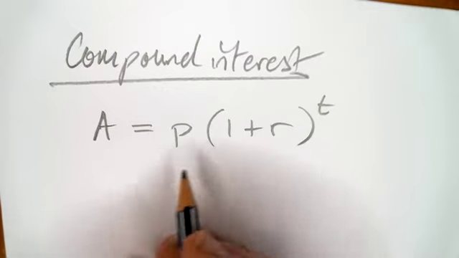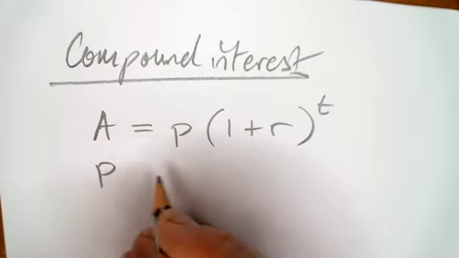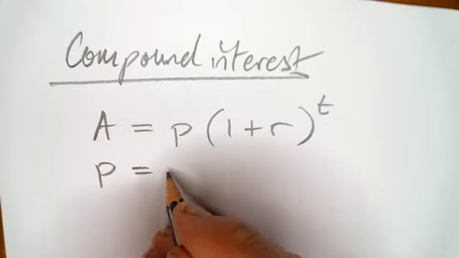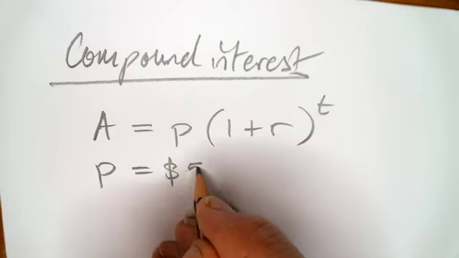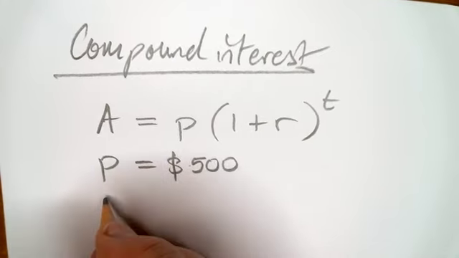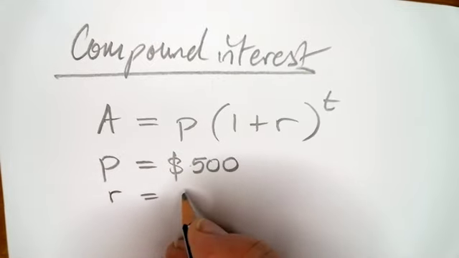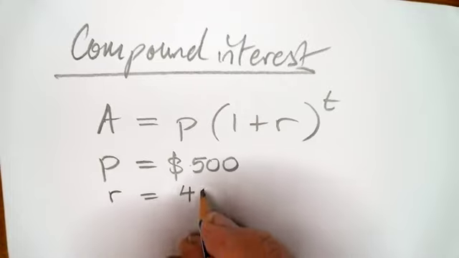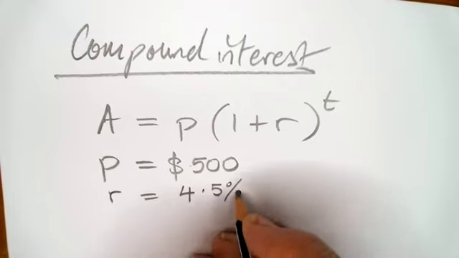So let's imagine we've got a principal, in other words, you're investing, let's say $500. And we're investing $500 at an interest rate of, let's say, 4.5%.